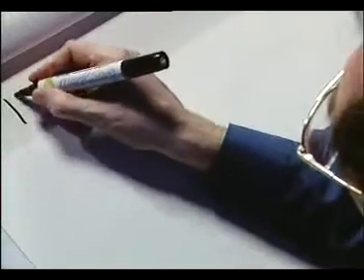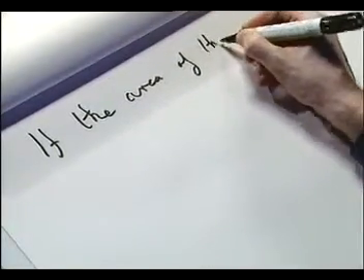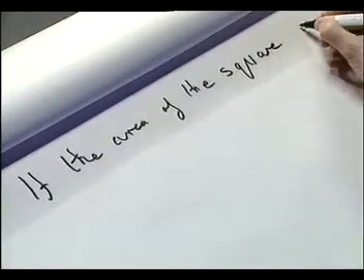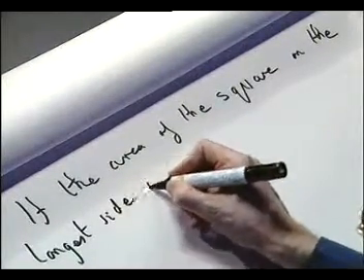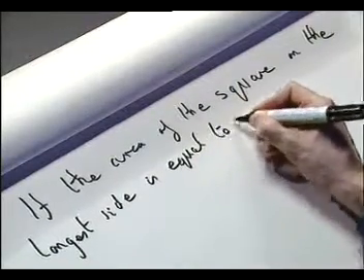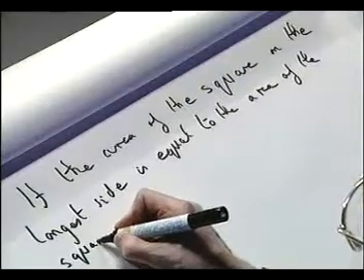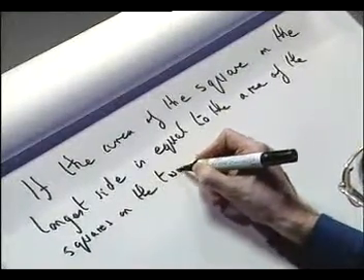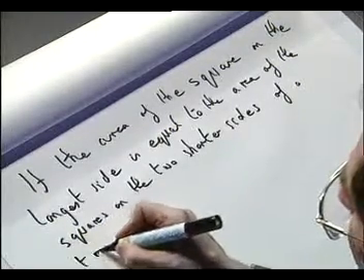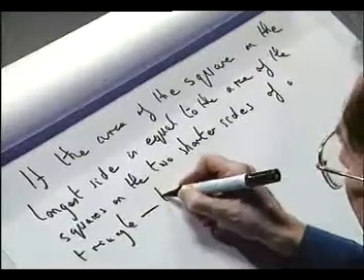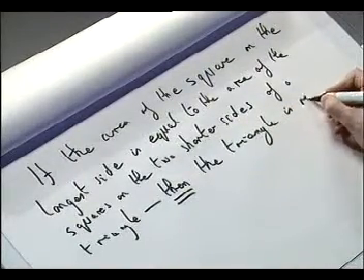If the area of the square on the longest side is equal to the area of the squares on the 2 shorter sides of a triangle, then the triangle is right-angled.